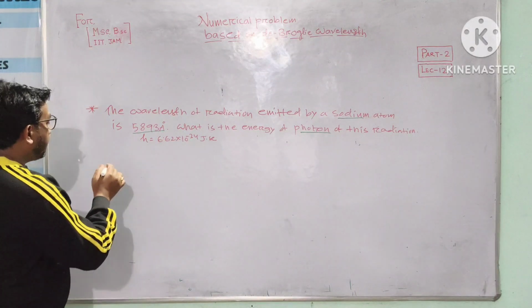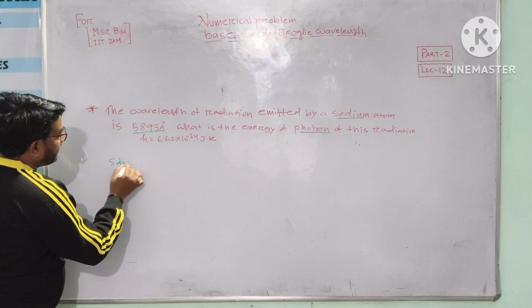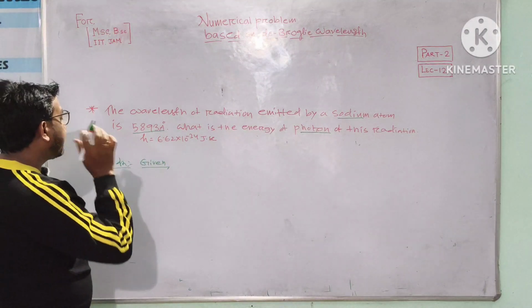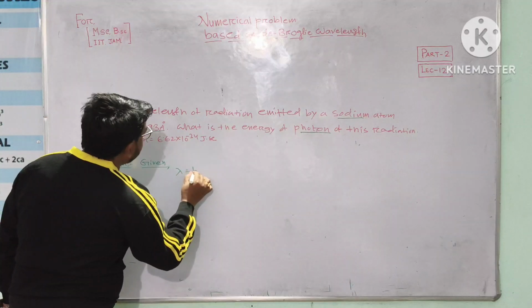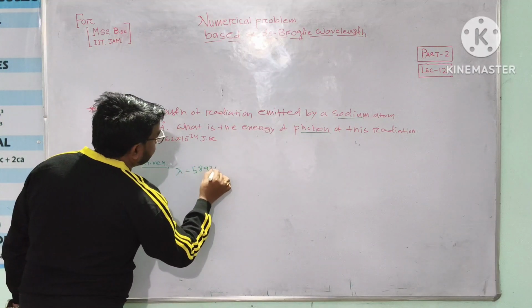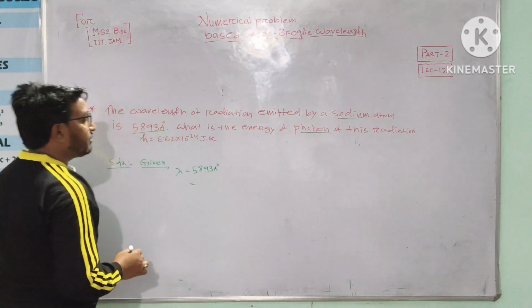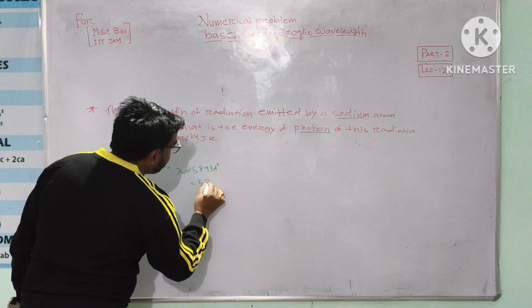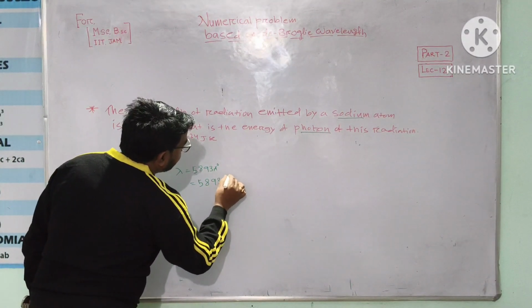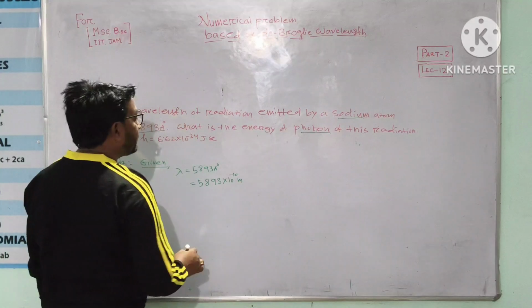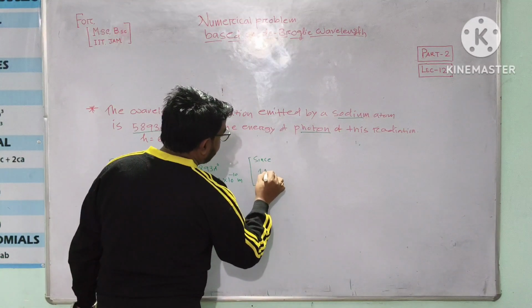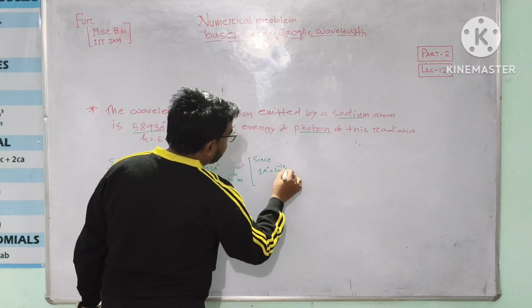Okay, so solution: the given information of this question, lambda equals 5893 angstrom. We know that angstrom is not the SI unit of wavelength, so it should be converted to the SI system: 5893 into 10 to the power minus 10 meter, because 1 angstrom equals 10 to the power minus 10 meter.